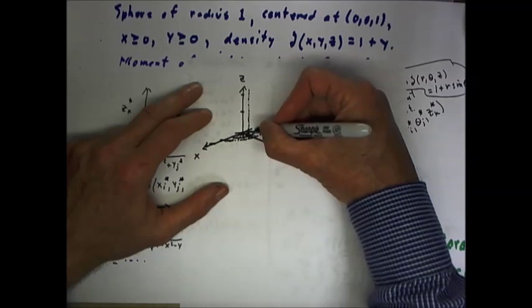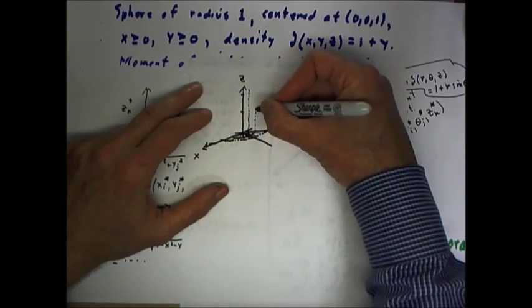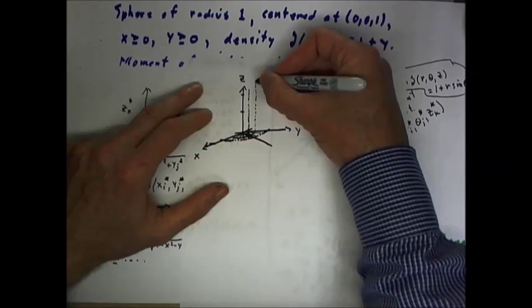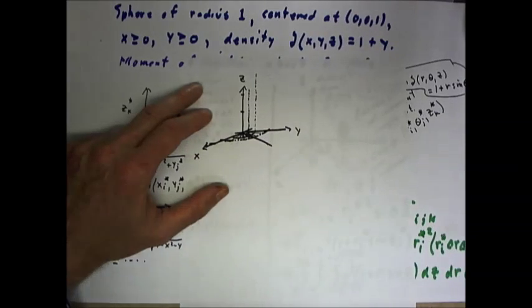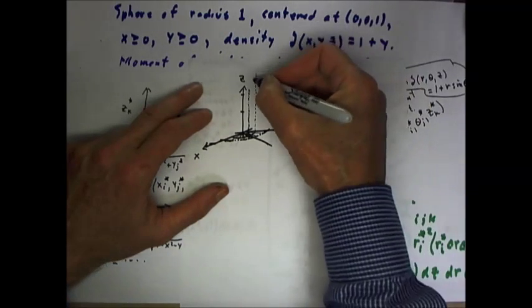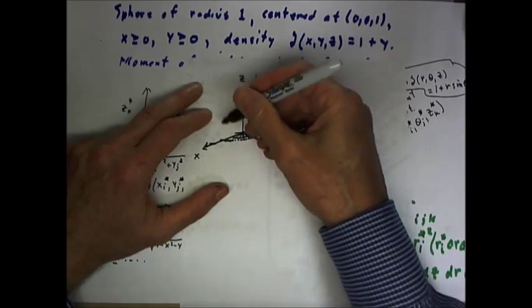So at every point above here, that is part of the r equals 1 plane, or the cylinder.